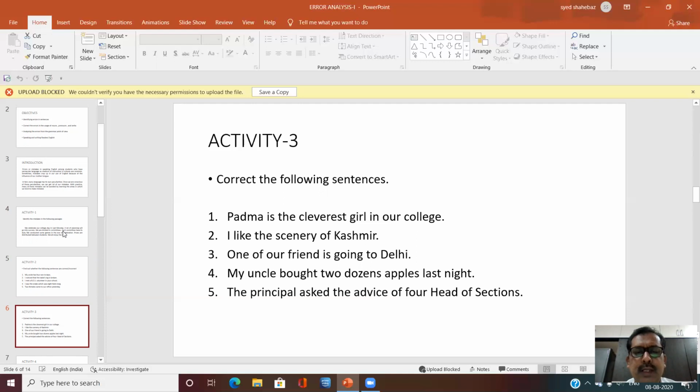My uncle bought 2 dozen apples last night, not dozens, 2 dozen. The principal asked the advice of 4 heads of section, not head of sections, heads of section.